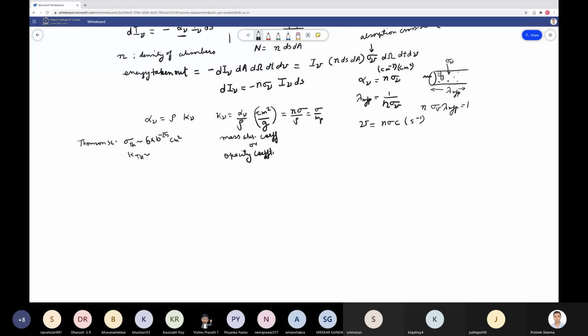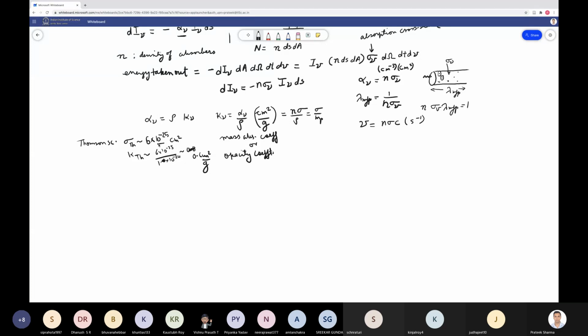So the kappa for Thomson scattering will be 6 times 10 to the minus 25 divided by the proton mass, which is 1.7 times 10 to the minus 24. This is about 0.8, and we can just make it 1. This is about 0.6 centimeter squared per gram. This is useful to know.